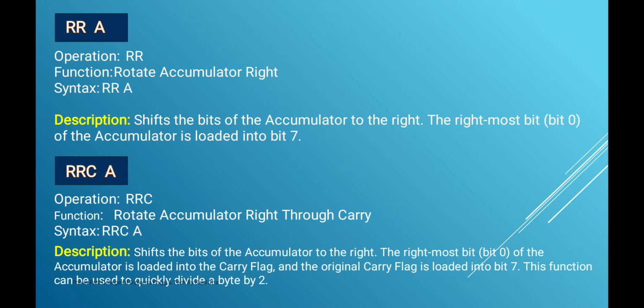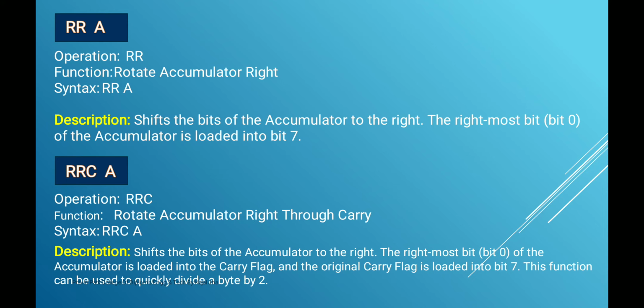If we say a simple number 1001 and give the instruction RR A, rotate right A, what result do we get? With 1100 as the input, what is the output after the RR A execution?